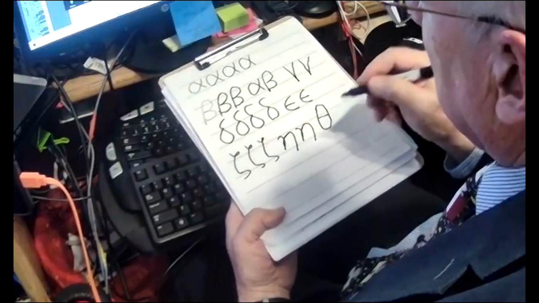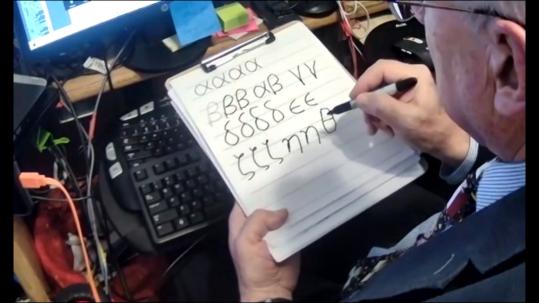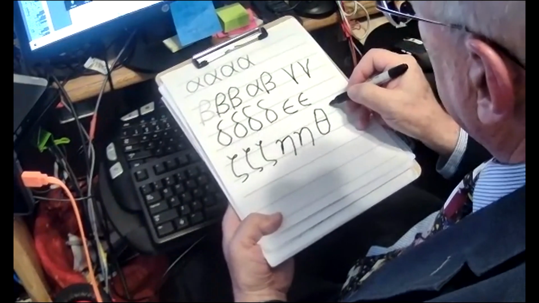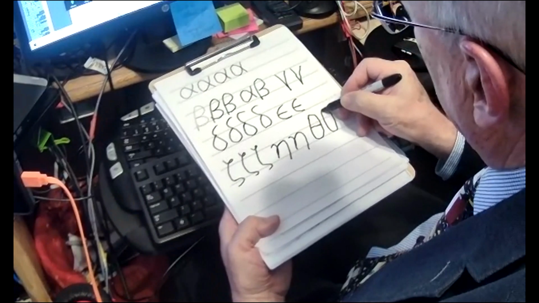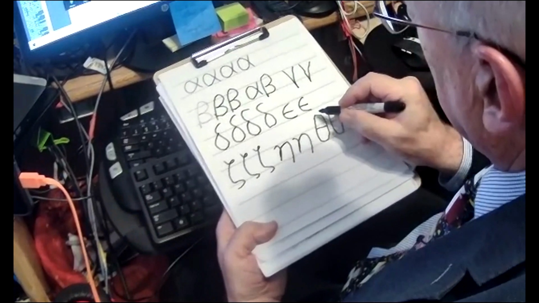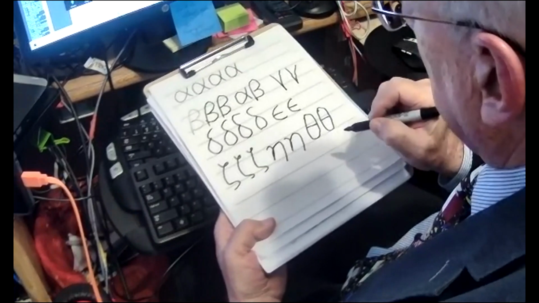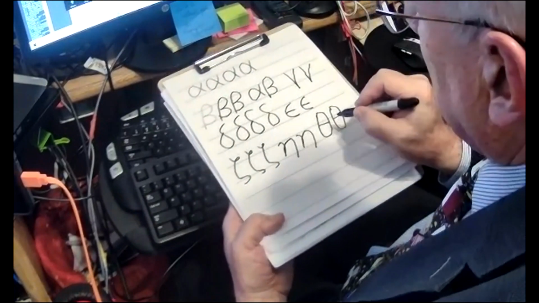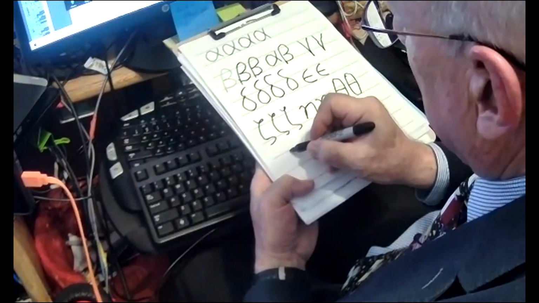Helps me. Zeta, eta, theta. Theta goes above the line. The easy way is to start above the line and make kind of an egg, a large egg, and then put a line through the middle. You have theta. And then the next letter is the same size as alpha.